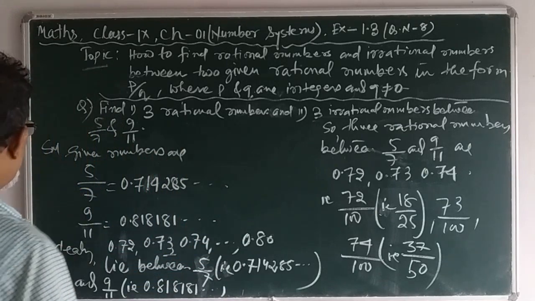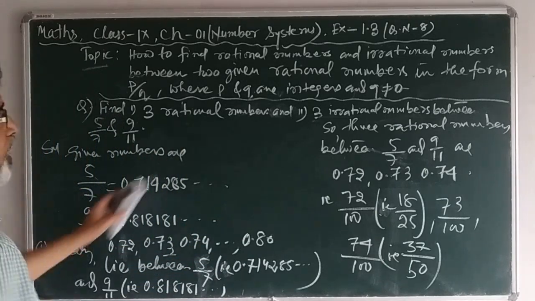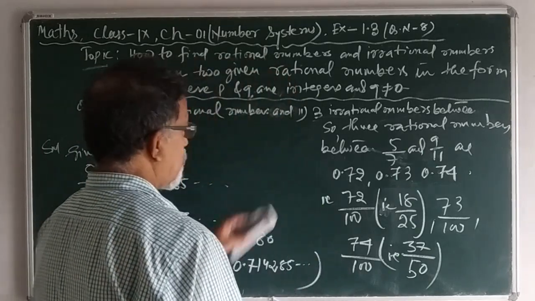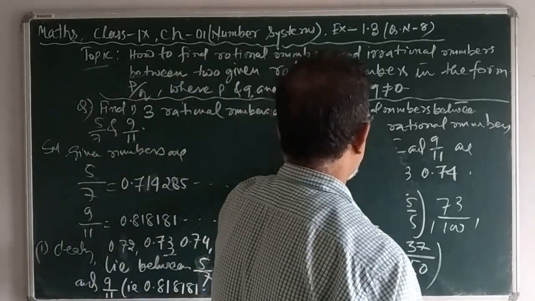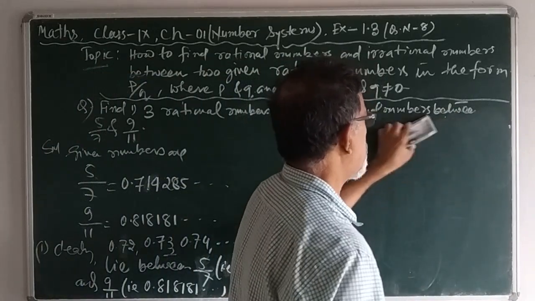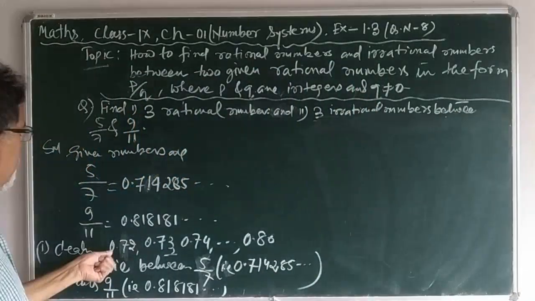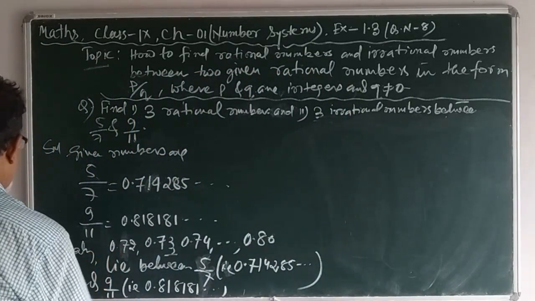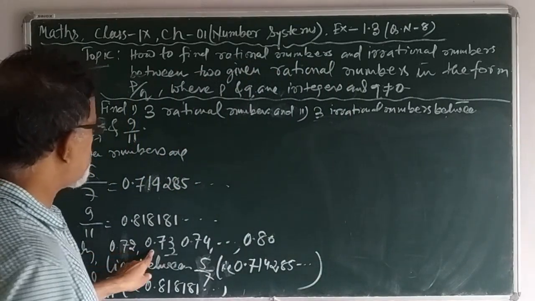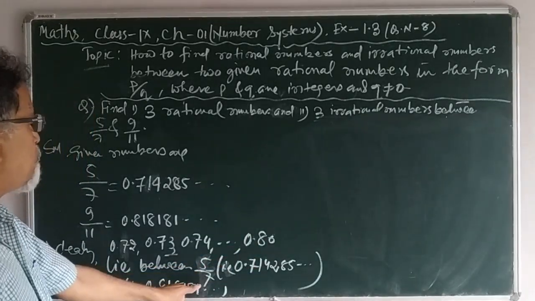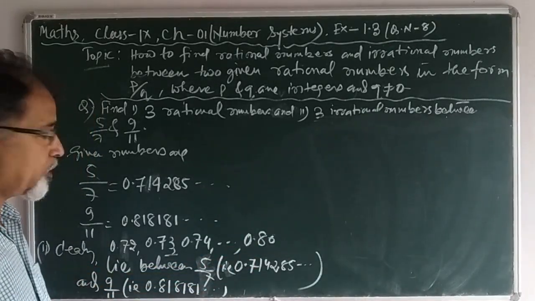Now I am going to find 3 irrational numbers. I have already explained that 0.72, 0.73, 0.74 up to 0.80 lie between 5 by 7 and 9 by 11.